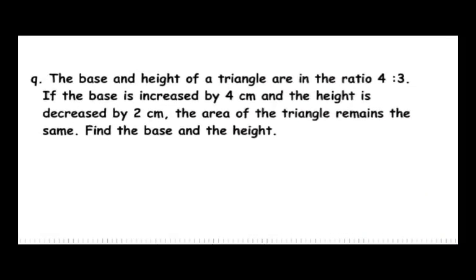My next sum says, the base and height of a triangle are in the ratio 4:3. So that's my triangle. Okay, the base is 4x. As I told you, ratio is always in the simplest form. Something will have to be multiplied.